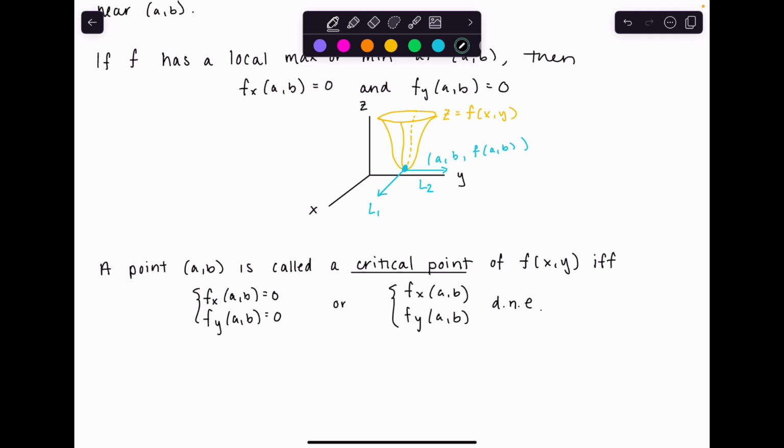Okay. Again, we're really only going to be considering the first case because this would be very difficult for us to find and evaluate.